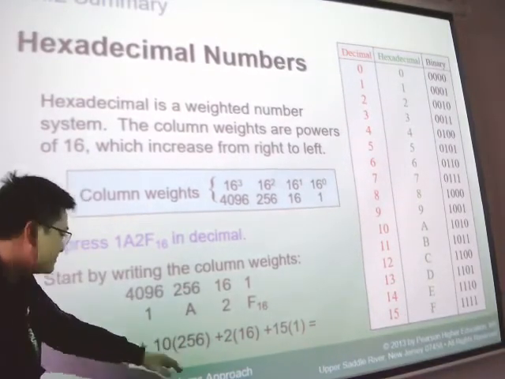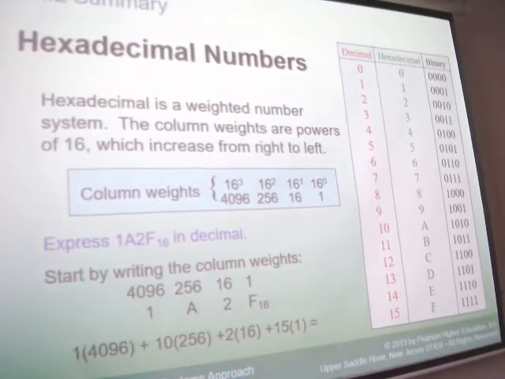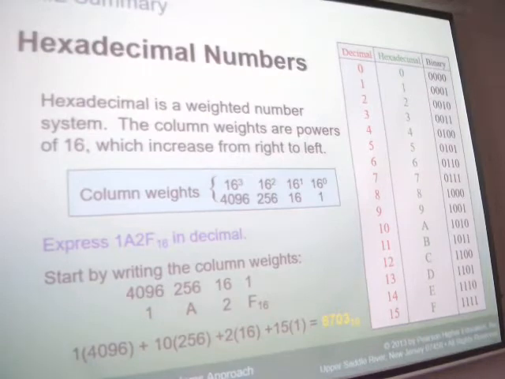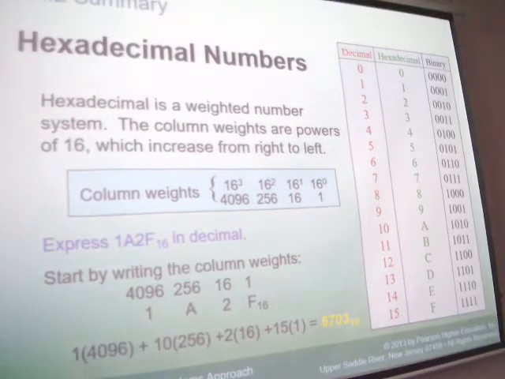And then plus. So the result is 6,703. And then you can calculate this number.